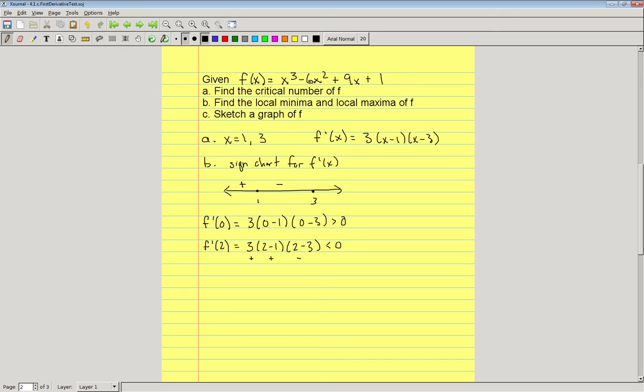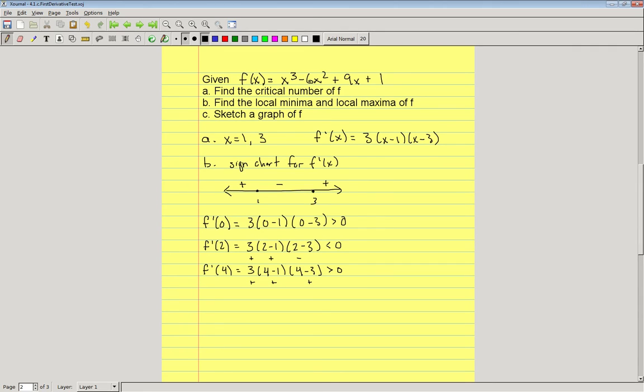So we know that the function is decreasing on that interval. And then lastly, we plug in a value in our final region from 3 to positive infinity, and we get 4 minus 1 times 4 minus 3, which is positive, positive, positive, which tells us that the whole thing is positive, and we see that the function is going to be increasing on that interval.